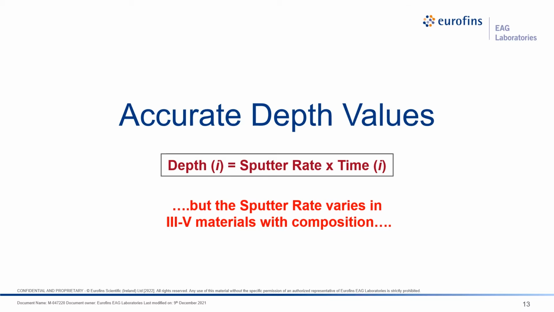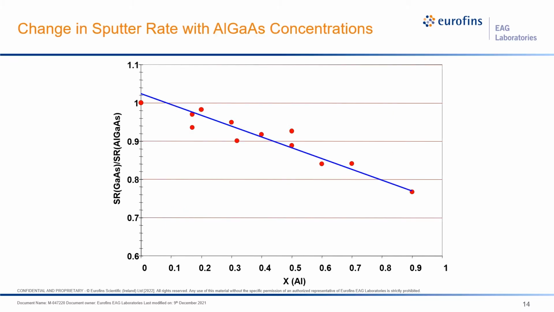And similar to the RSF, we can develop a calibration curve looking at the sputter rate ratio from gallium arsenide to AlGaAs plotted against the AlGaAs composition. We have a calibration curve that we use, and based on the measurement of the AlGaAs, we can determine what the sputter rate needs to be from this calibration curve. These calibration curves are not always linear, and it's not always easy.